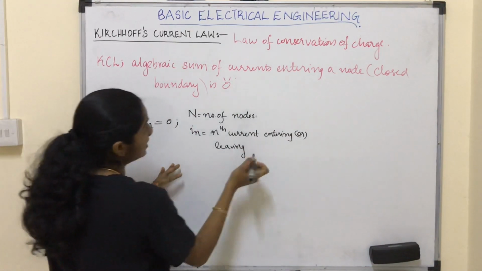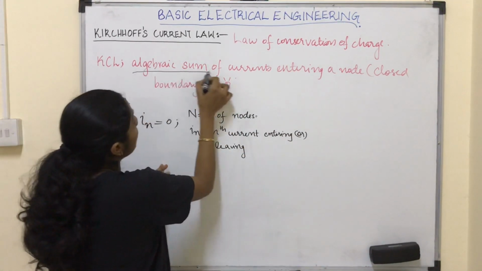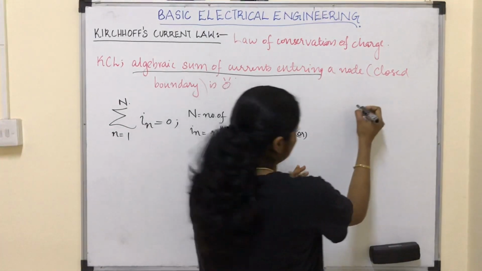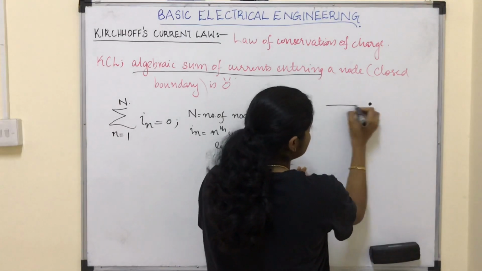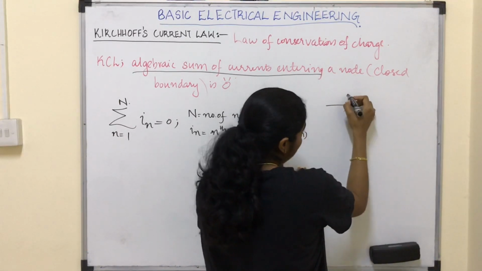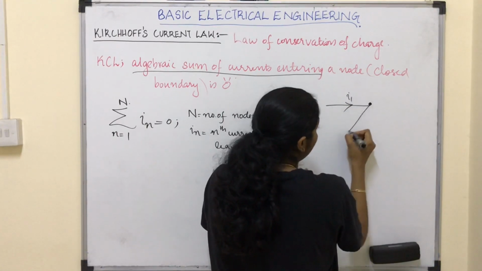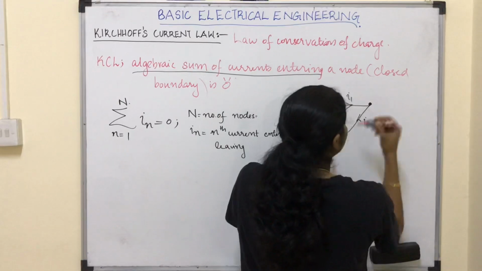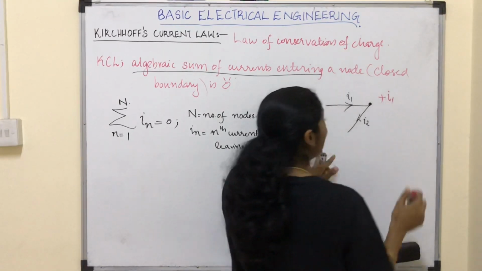Here I used the term algebraic sum of currents entering. Suppose this is a node and this current I1 is entering, so I can write plus I1.